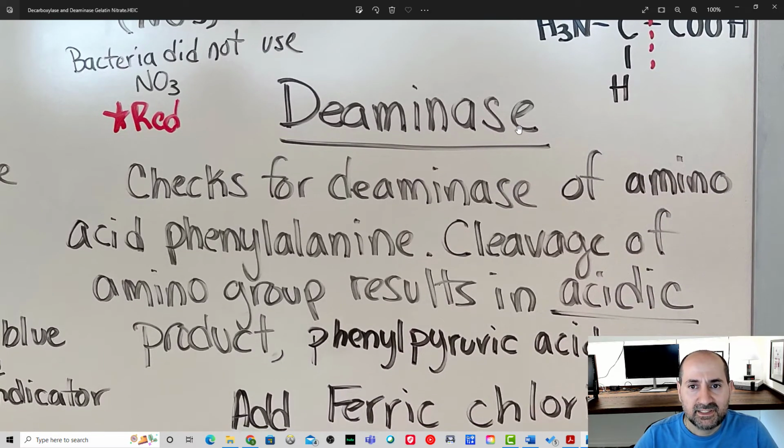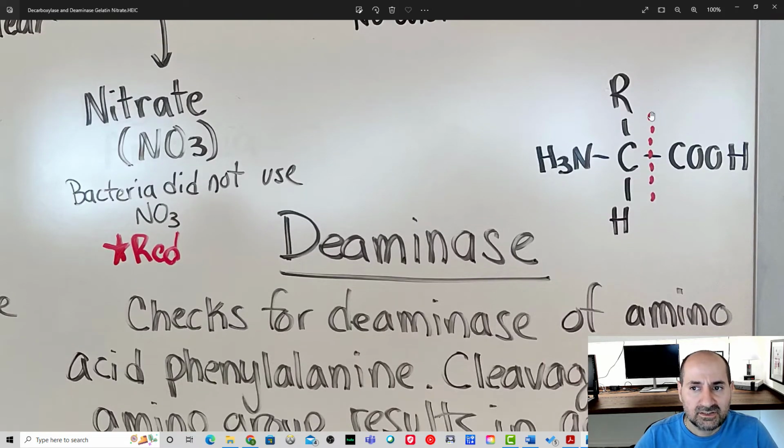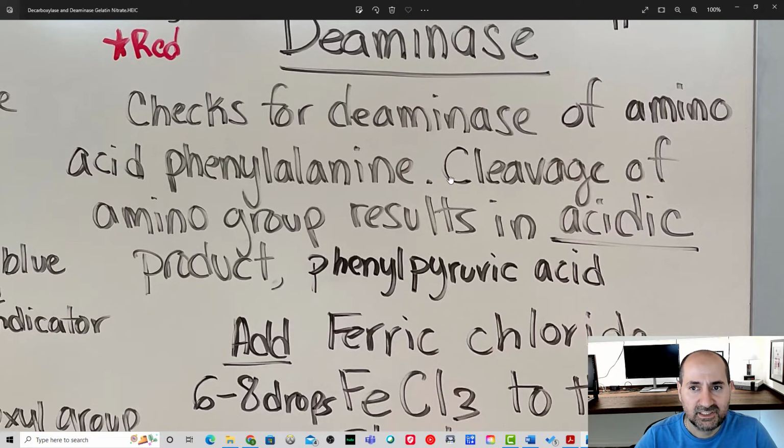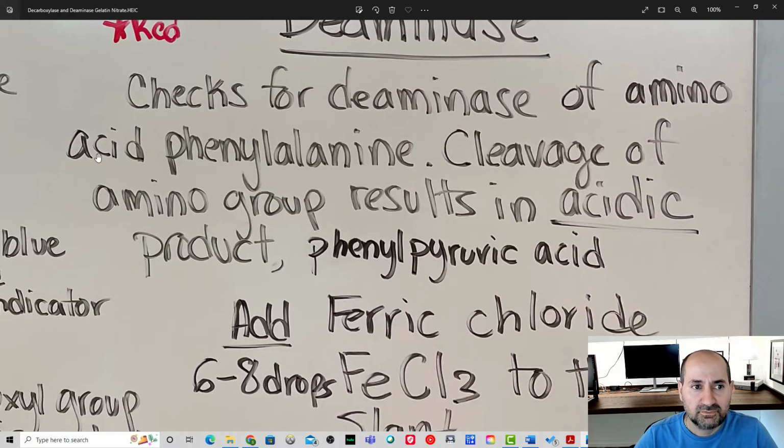Next, the deaminase test. Do you remember the deaminase test was actually a slant? And just like the decarboxylase cleaves the carboxyl group, with the deaminase test we're checking for an enzyme, deaminase, which would remove the amino group from the amino acid. So here we're checking for deaminase, and specifically for the amino acid phenylalanine.